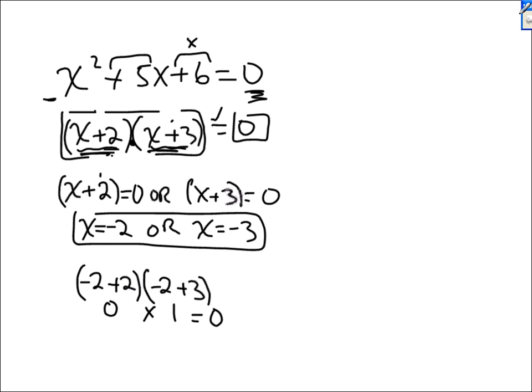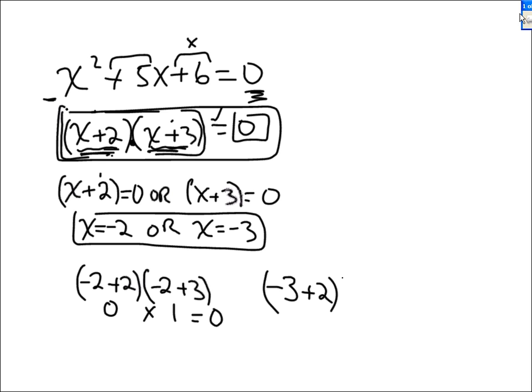When x is -3, plugging it in right here, we have x plus 2 in brackets times x plus 3 in brackets. Well, this is -1, but that's 0. And yes, when you multiply, you do get 0. That's a nice thing about 0.